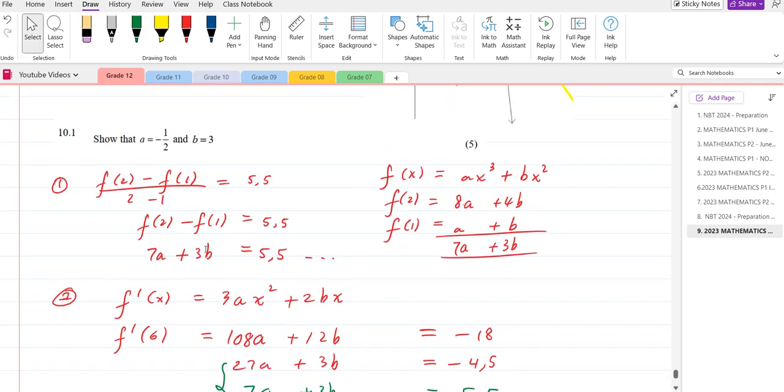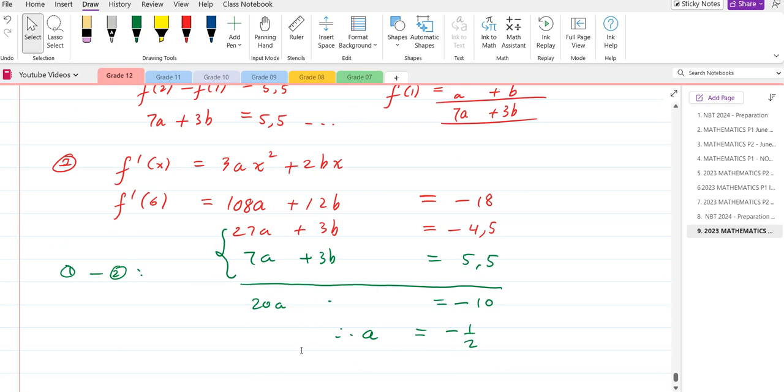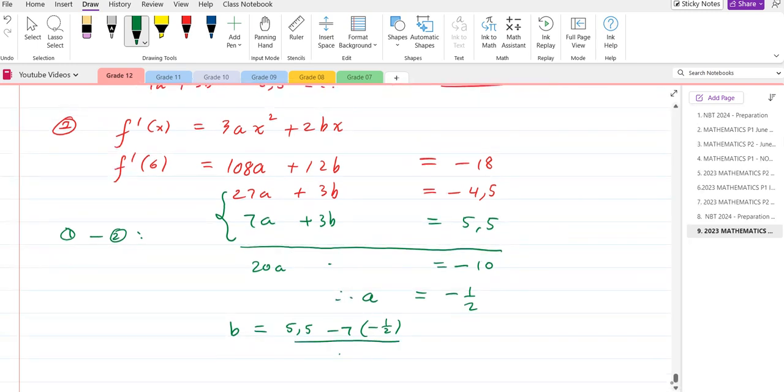How are we going to solve for b? Take equation 1. To solve for b, you take 5.5 minus 7 times negative half, divided by 3.